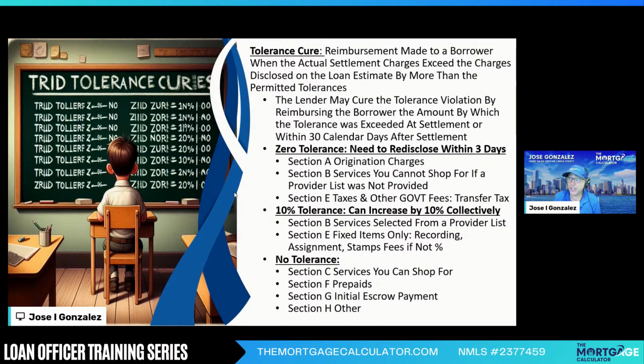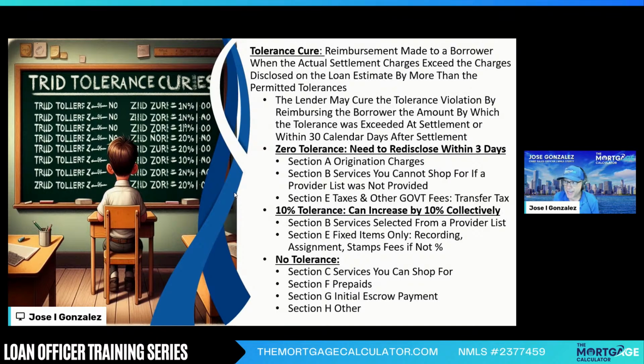And then we have the no tolerance cure items, which would be Section C, services you can shop for, for example, if the borrower switched title companies, or now they shopped for that title company, and we have some different fees that would not be subject to tolerance cure.